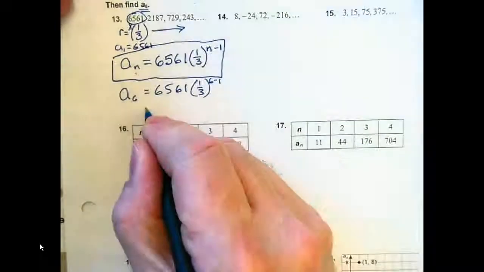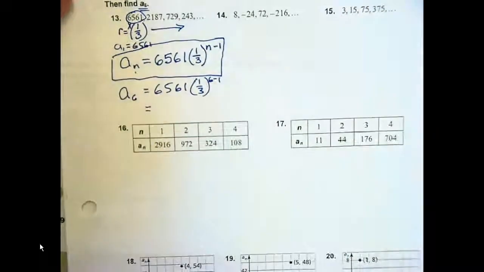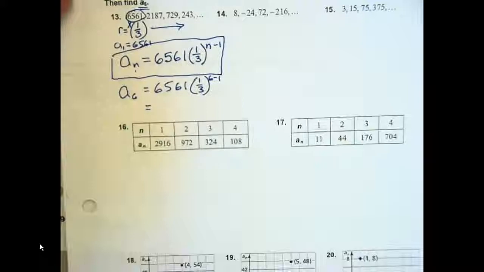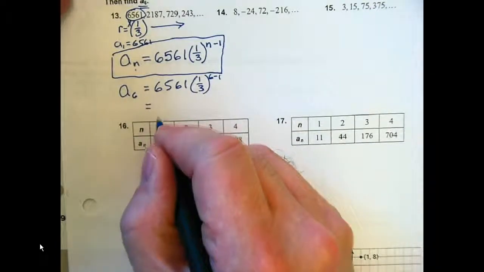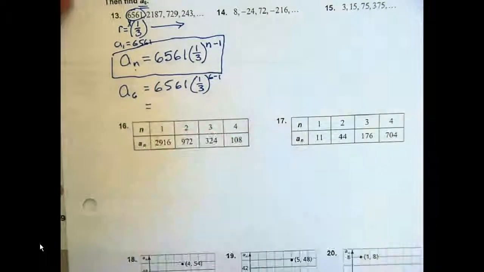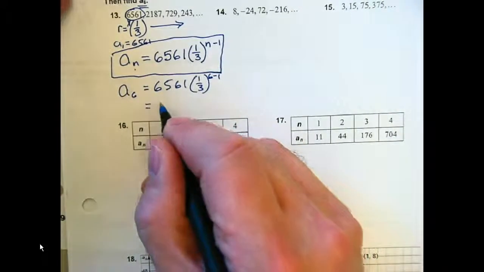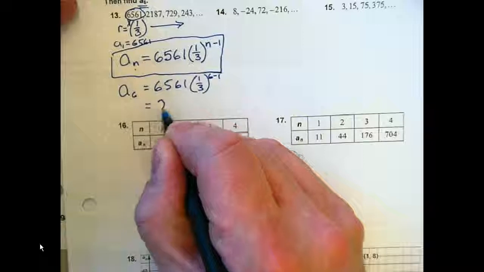Okay. Tell your neighbor what you get there. And we get 27. All right.